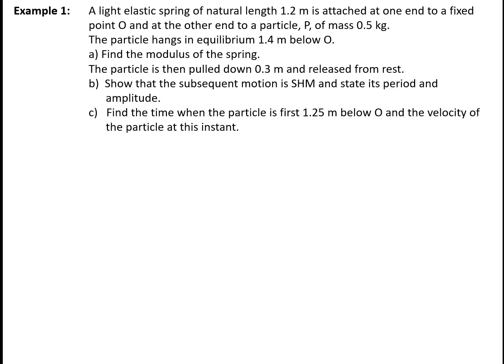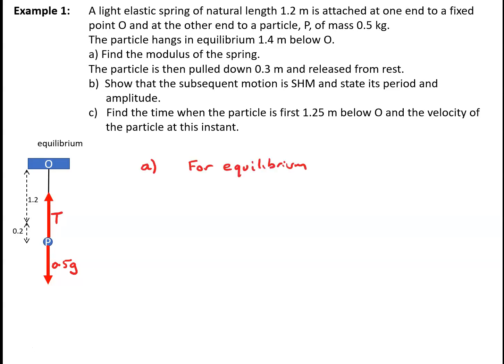So, part A. We've got the particle hanging in equilibrium 1.4 meters below O, and we've got to use that to find the modulus of the spring. So there's our equilibrium diagram. We can add the forces: there's the weight of 0.5 g and the tension in the spring. For equilibrium, we know the resultant force must be equal to 0. So the resultant force upwards is T minus 0.5 g.